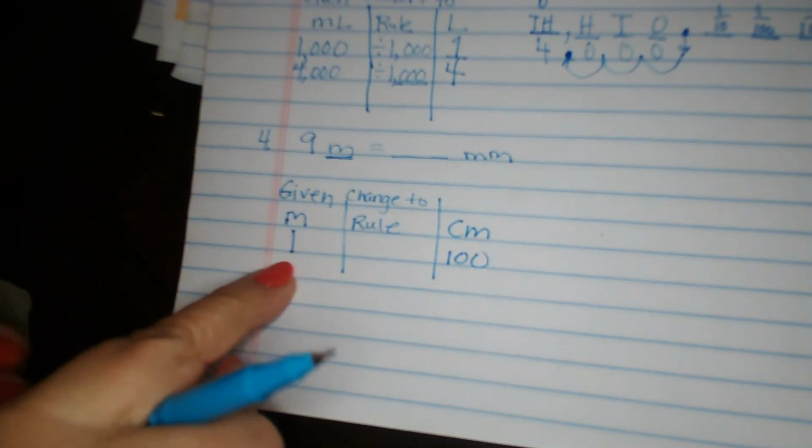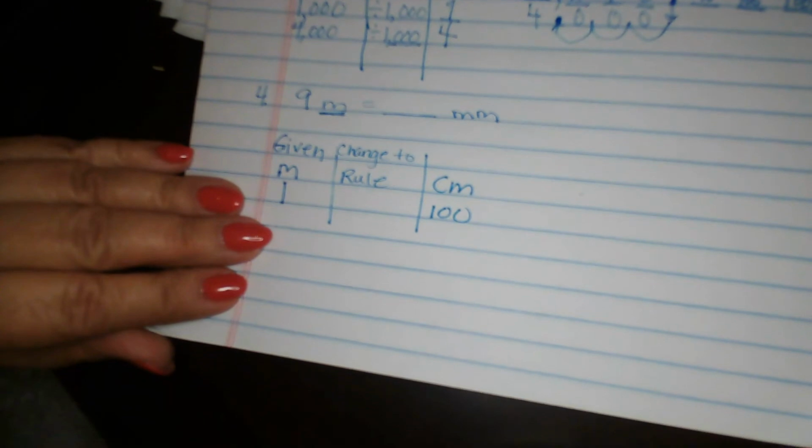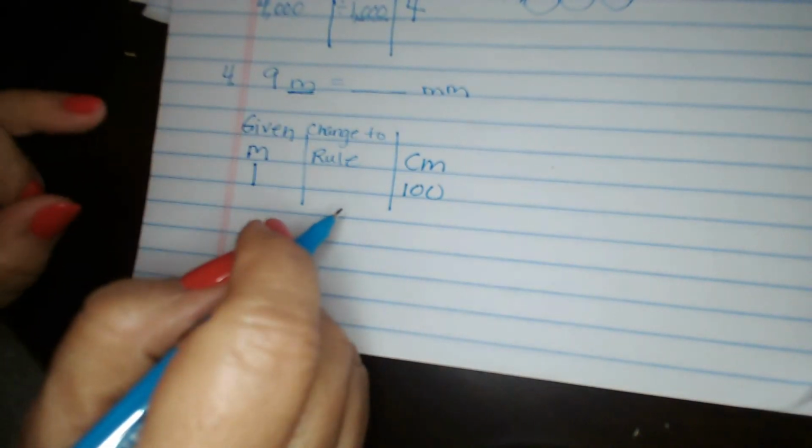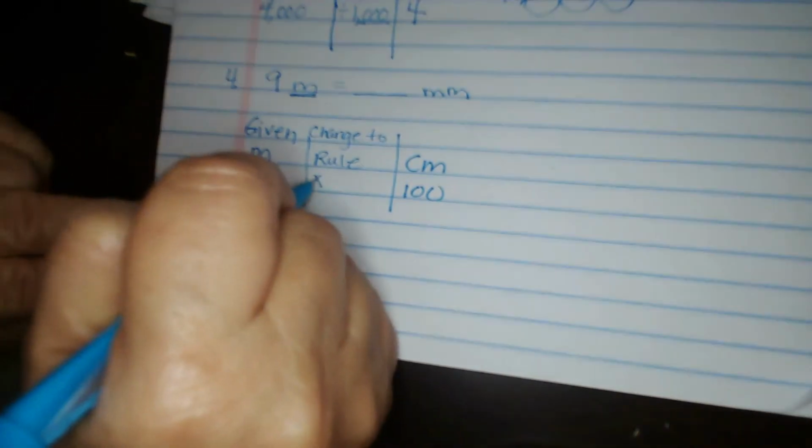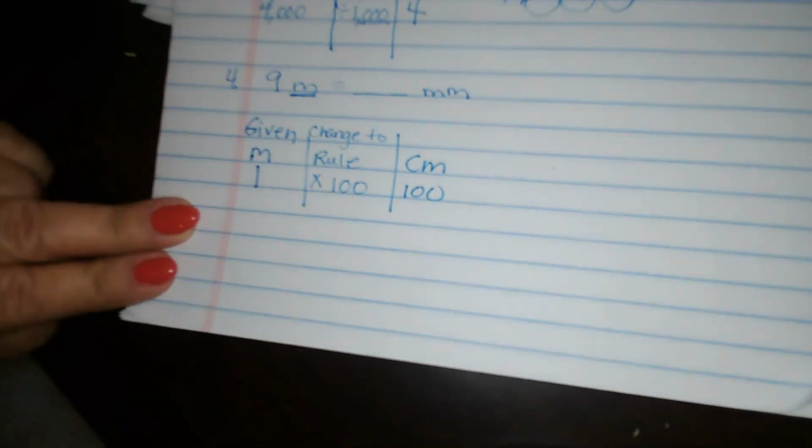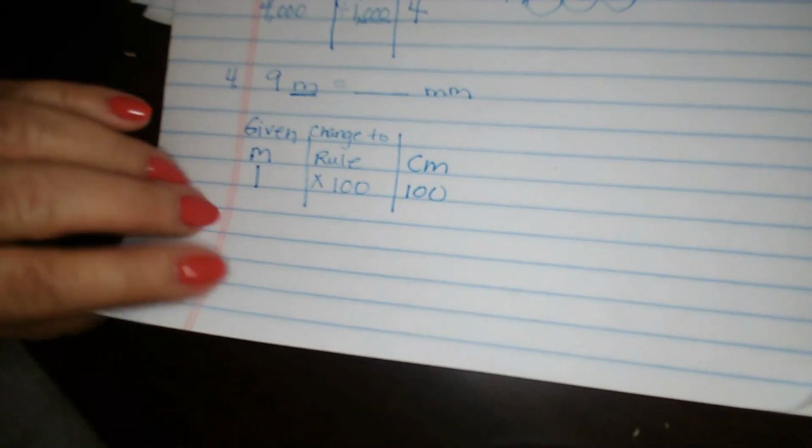Now, how do I get from 1 to 100? Okay, so now I'm multiplying. Remember, there's only 2 rules, multiply or divide. So I'm going to multiply by 100. Still going to move my decimal, but now I'm going to go in the opposite direction.